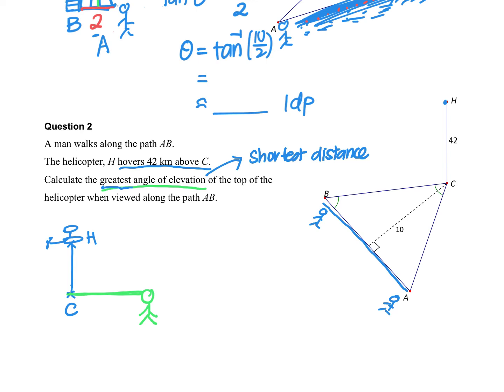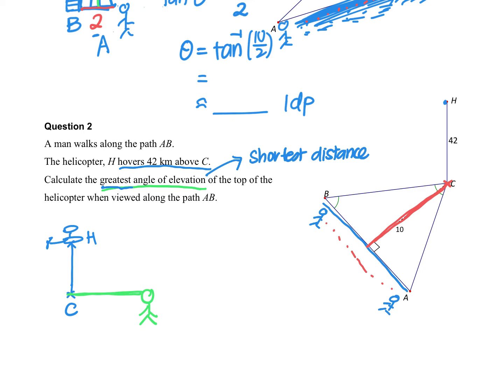The helicopter is vertically above the point C, yeah? Then the man is walking along this side. Where is the shortest distance? Draw, highlight. A lot of you told me the shortest distance is here. Transfer this shortest distance onto the diagram over here.